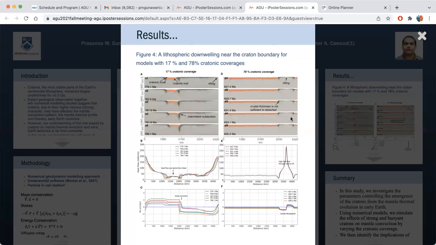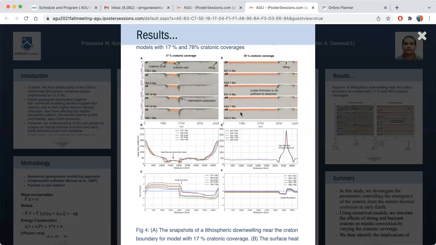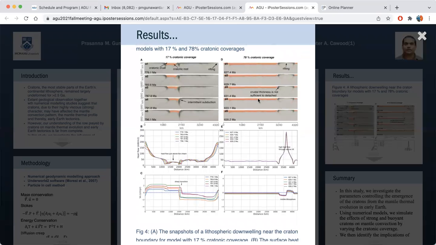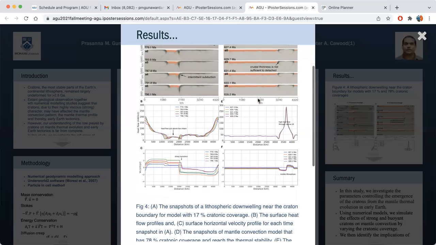Also, the highest heat flow in the model is observed through this oceanic lithospheric region. The reason for not having the subduction event in this model is that the oceanic lithospheric region cannot reach a sufficient thickness as it detaches from the model surface. So these are the major variations based on the cratonic coverage.